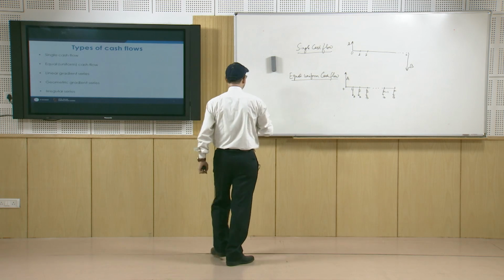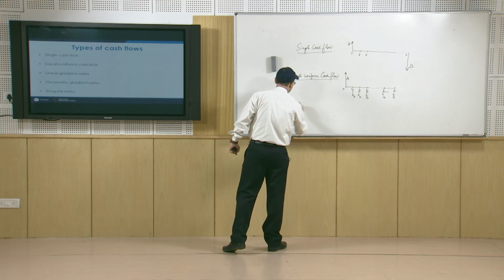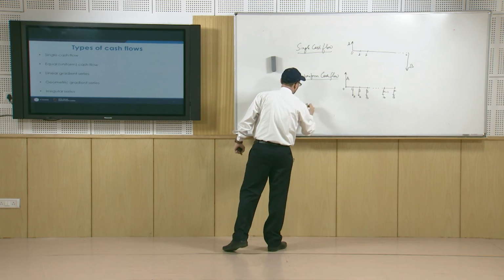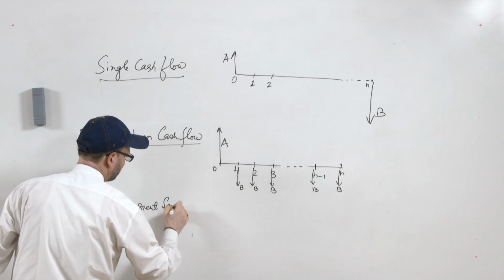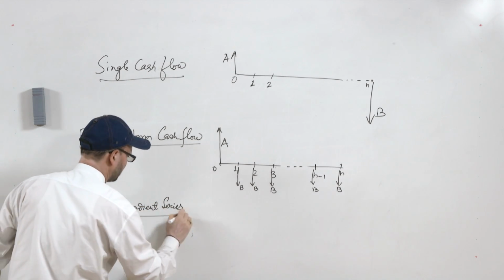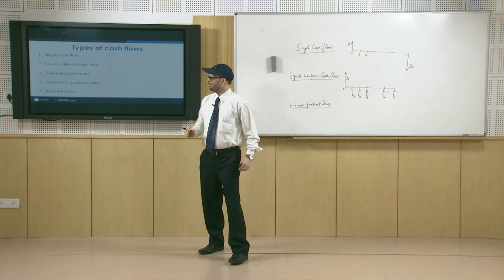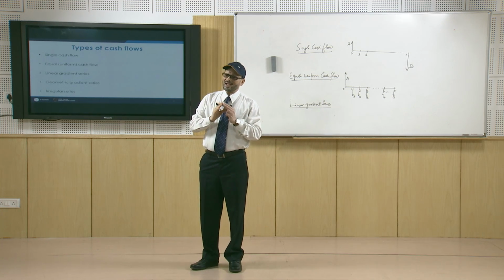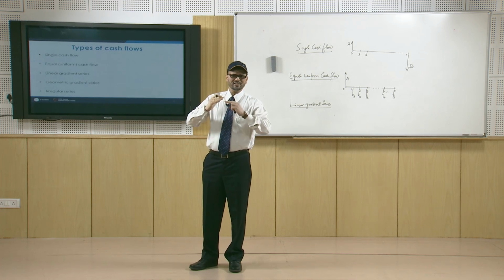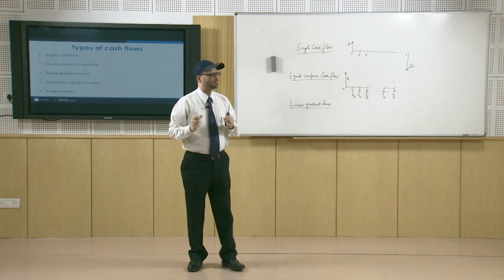Then we have the linear gradient series. Under this, the amount which is paid by the borrower has a linear gradient. It increases by a certain fixed amount.